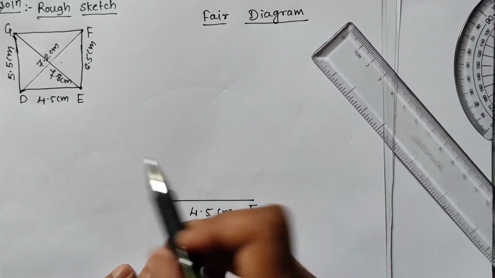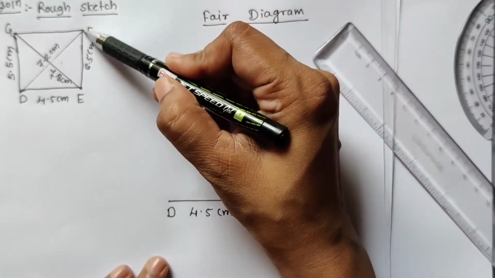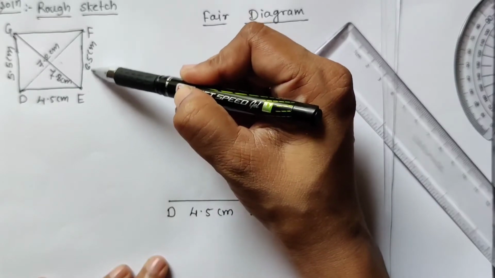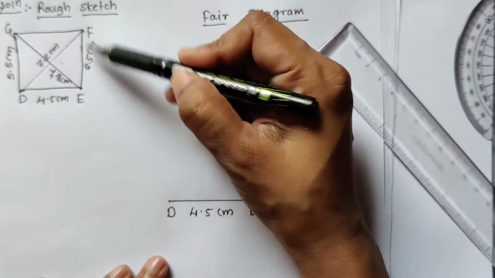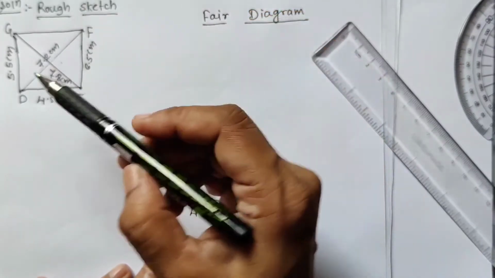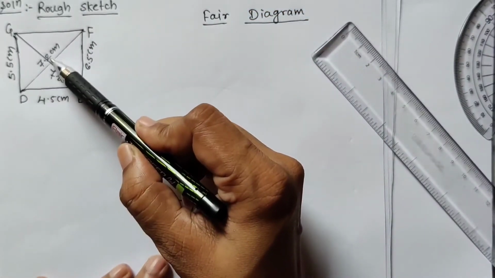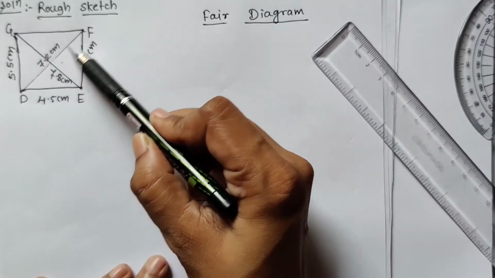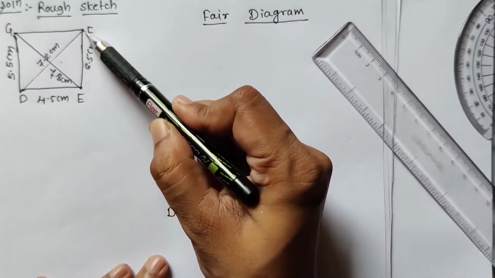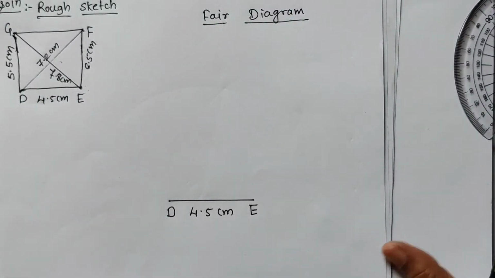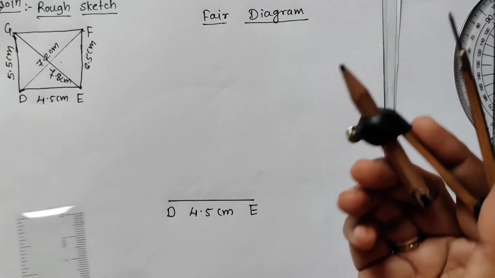Then what is there? We can fix the position of point F now. How? F is at 6.5 centimeter from E. EF is 6.5 means F is at 6.5 from E, and it is 7.2 centimeter from D. So first take the distance of 6.5 centimeter in your compass.